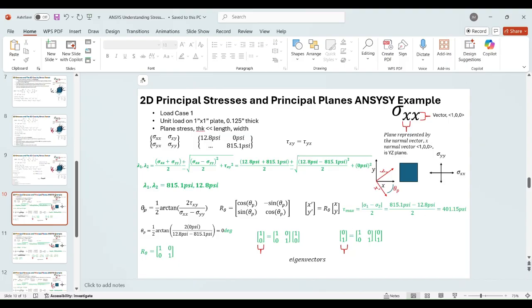And I've calculated the angle theta that you'd have to rotate the base coordinate system into to align with the maximum principal stress coordinate system, and that is just 0 degrees. That agrees well with the model. So our eigenvectors are 1, 0, 0, 1.